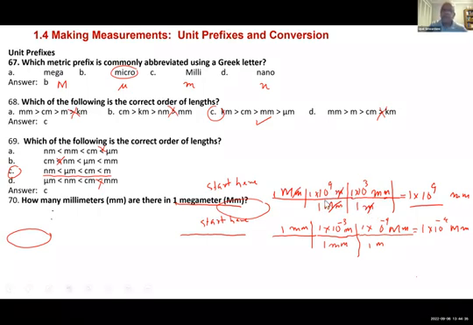So when you do this, you multiply these two. All the numbers, 1 times 1 times 10 to the 9, 10 to the 3 divided by 1. You don't deal with ones. Therefore, this question is 10 to the 9 times 10 to the 3.